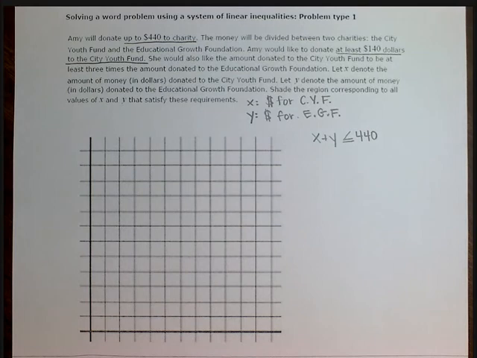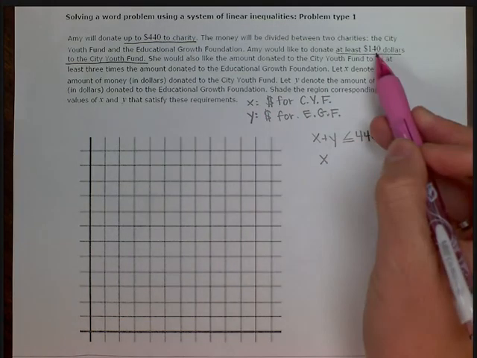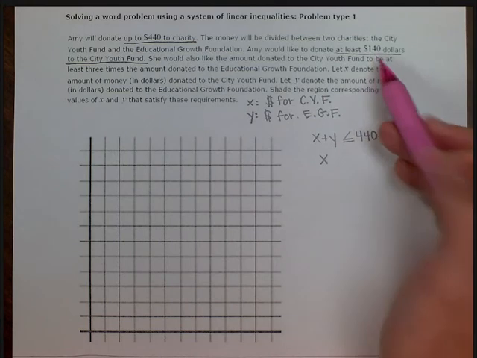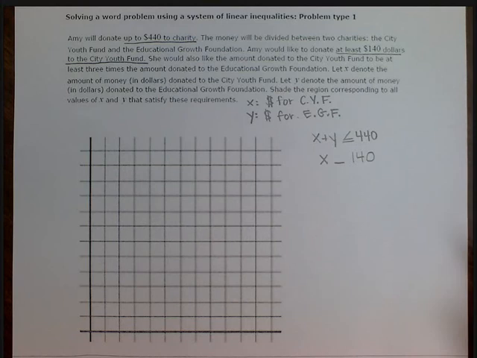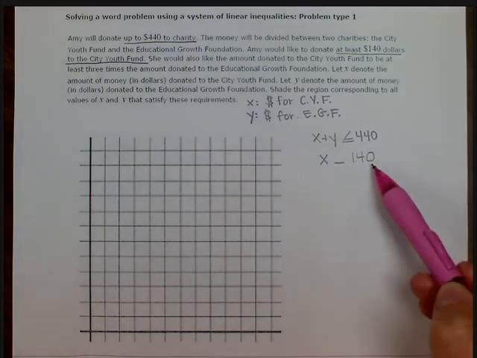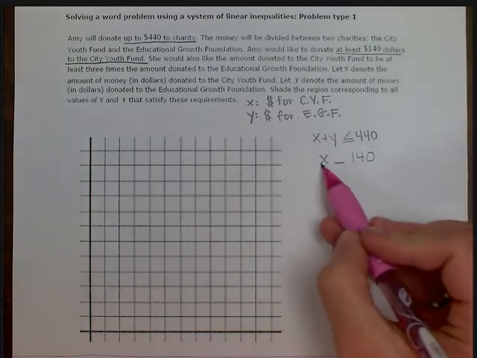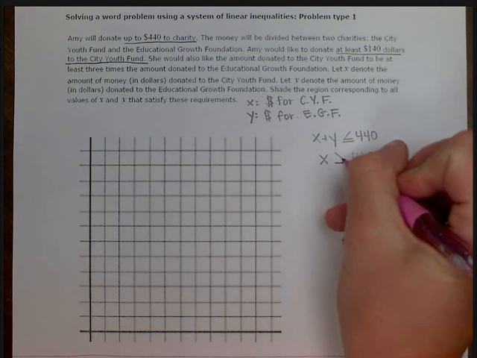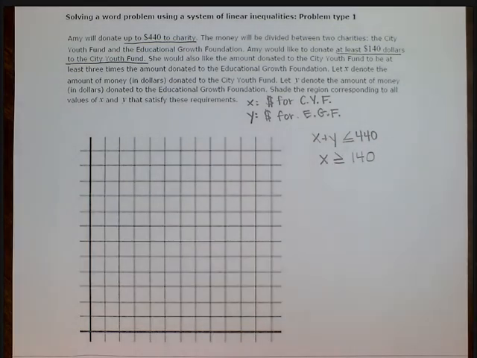Okay, so the CYF money is X, so X needs to be at least 140. It could be equal to 140, but it needs to be at least, which means is $130 okay? No. But is $150? Yes. So this X can be bigger than 140. So it needs to be bigger or equal to 140.